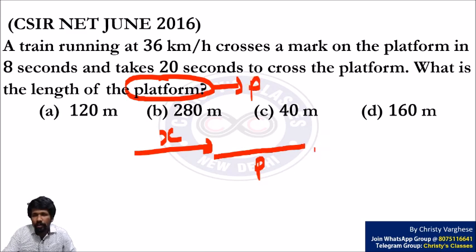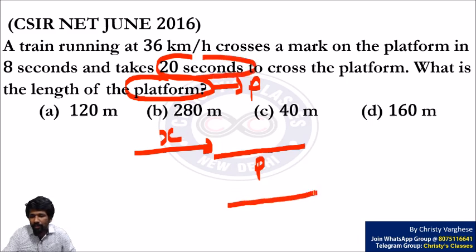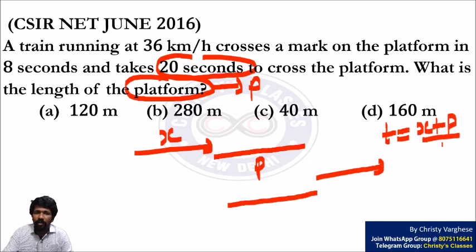So the question is saying that it takes 20 seconds for the train to cross the platform. Just like the previous two questions, train crossing the platform means total length of the train should cross total length of the platform. So time equal to distance by speed. Distance equal to what? x plus p, total distance divided by speed. Speed is the speed of the train.